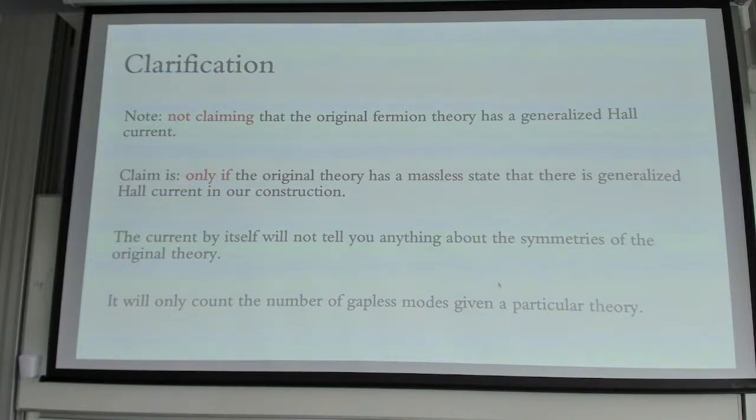And the question is, if you compute the space-time divergence of this current in an interacting theory, it should give you 0. That's what the hope is. In that case, it won't tell you about free fermion propagators. It will tell you about the interacting theory, how many degenerate ground states you have, for example, on the boundary.